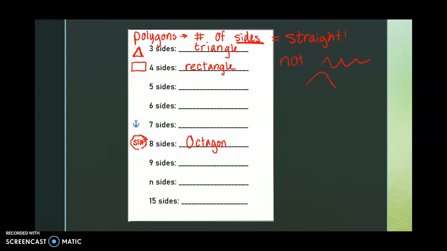Now, a lot of you might also know 5 and 6 sides. So 5 sides, we're going to draw my bad pictures here. Up to you if you want to draw the pictures or not. That's called a pentagon. 6 sides. That's a hexagon.